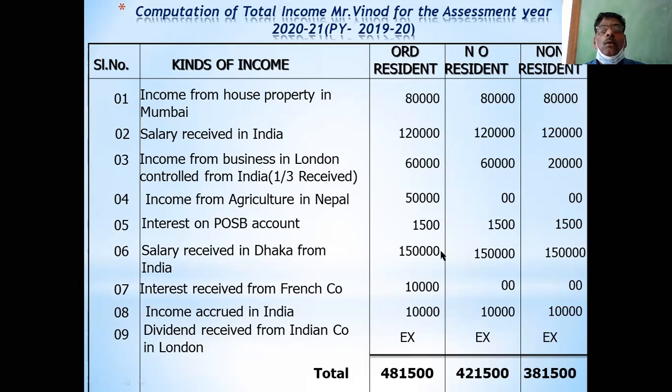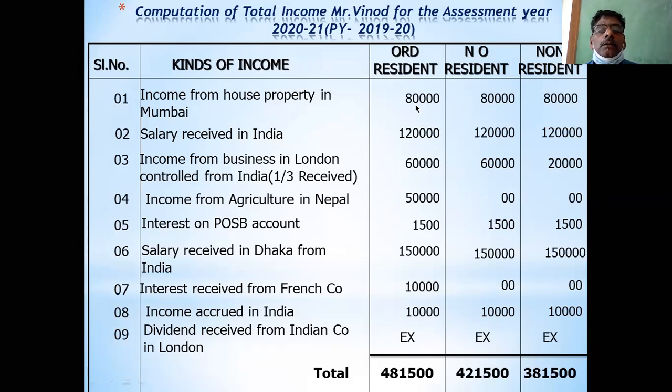Once again, I would like to give a clue for you people. This is the last column, non-resident. In the non-resident column, which items do you have to take? In the not ordinary resident, what items come? In the ordinary resident, what items do you have to cover?